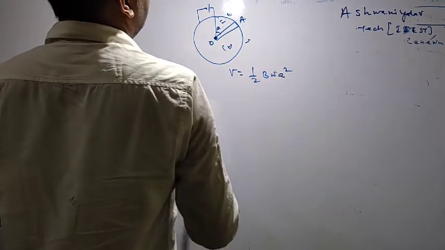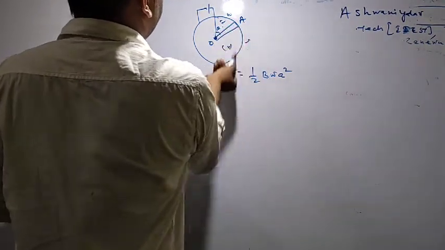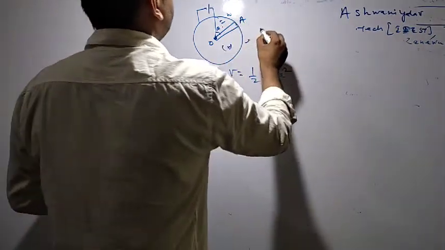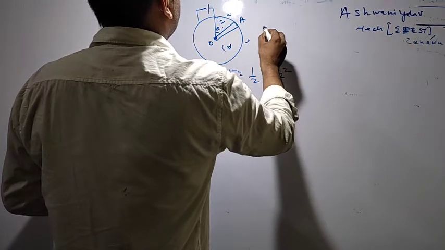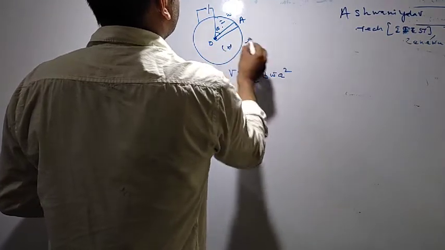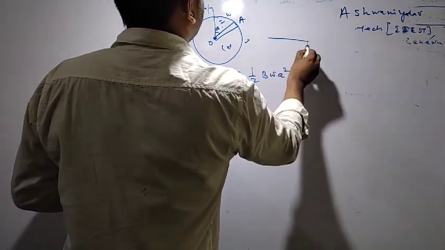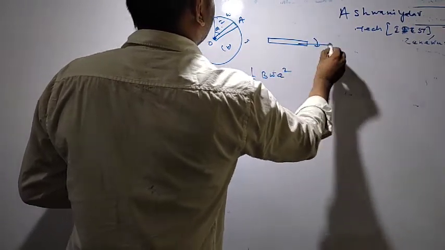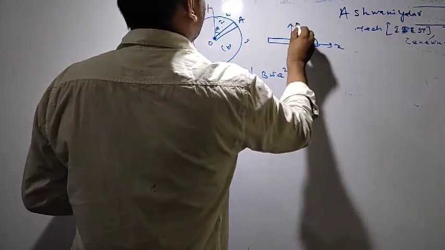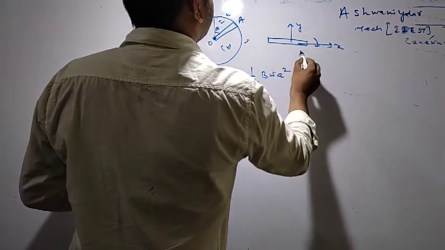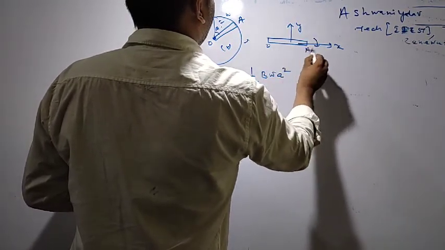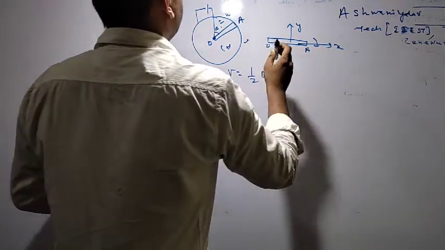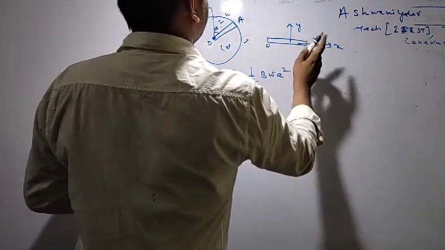And if you rotate it like this, then you have to find the polarity. It is rotating like this, so this is your X and this is your Y. So this is point O and A, and the velocity is in this direction.